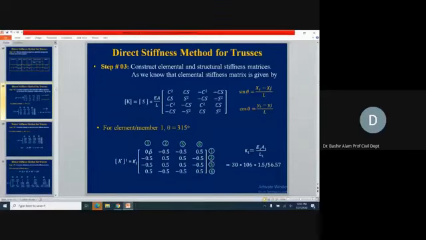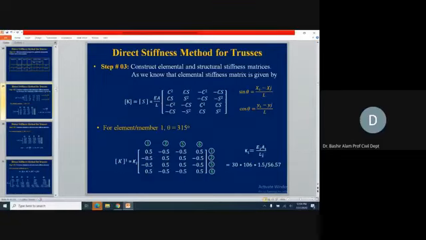When we take the cosine of 315, it is coming equal to 0.707, and if I take the square of this 0.707, it is becoming 0.5, which is here 0.5. And similarly the rest of the elements also.